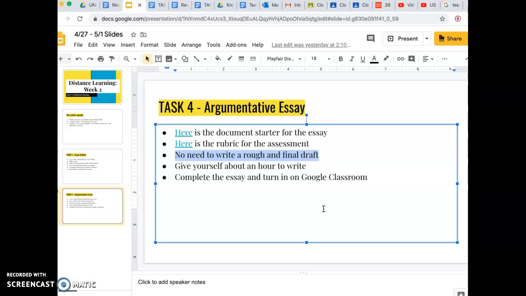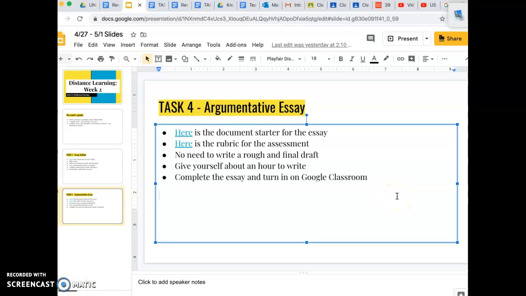Give yourself about an hour. Then you're going to turn it in to Google Classroom by Thursday at 11:59 p.m. And that will be it. I should be able to get everyone's essays back to them within a few days with commentary and notes, everything like that.